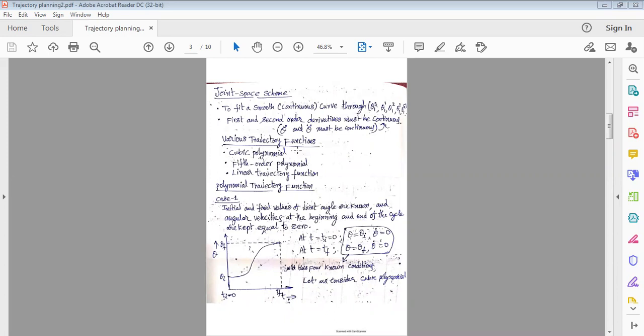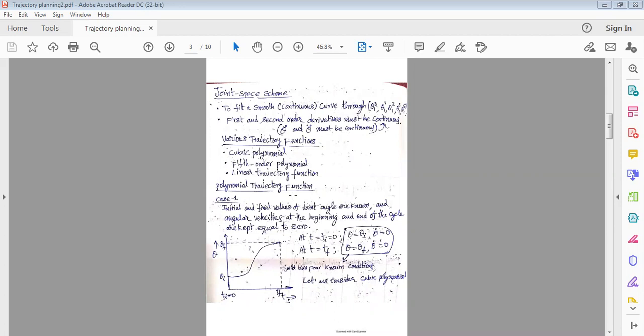These are the basic trajectories we follow in robotics, which are suitable for planning trajectories. Polynomials and linear trajectory functions are mathematically very convenient for designing the trajectory planning.